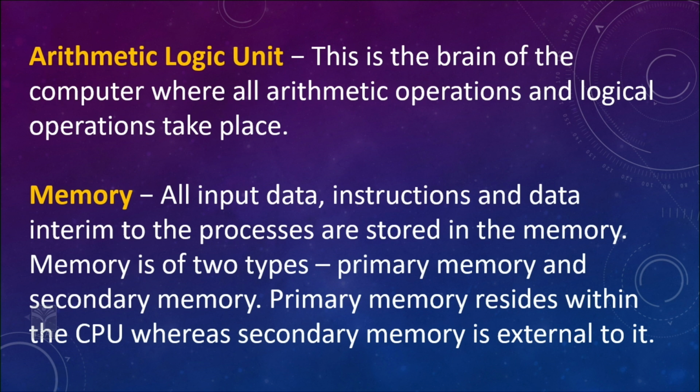And the memory. All input data, instructions, and data to be processed are stored in the memory. Actually, there are two kinds of memory: primary memory and secondary memory. Primary memory resides within the CPU, whereas secondary memory is external to it.